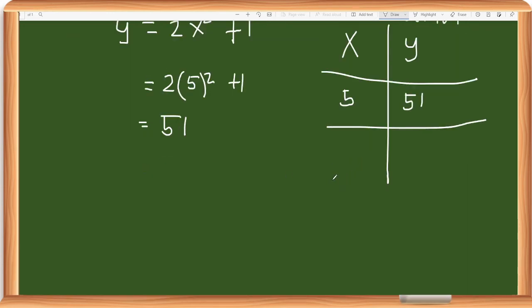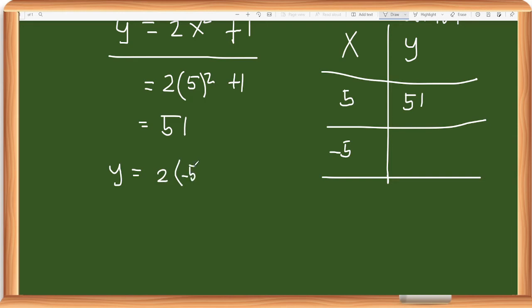Now how about with the same equation, let x be negative 5. Evaluating this equation using x as negative 5, we have 2 times negative 5 squared plus 1. This is 2 times negative 5 times negative 5, which is positive 25 because we are multiplying like signs. That's why it becomes positive. Then plus 1. So what's going to be the output?